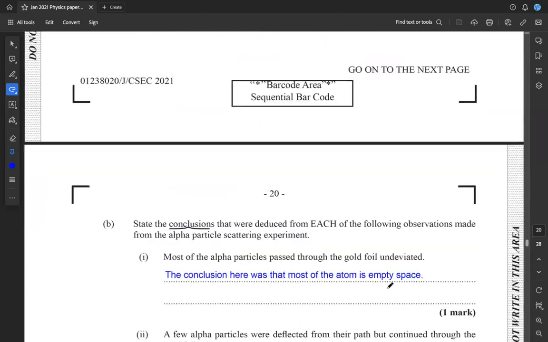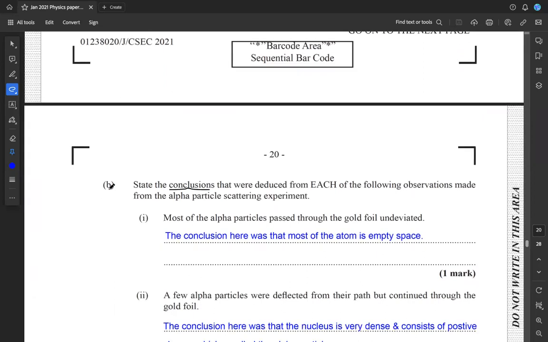Moving along to part B of this question. Part B says to state the conclusions that were deduced from each of the following observations made from the alpha particle scattering experiment. So they wrote down some observations and they were able to deduce a few things based on those observations.